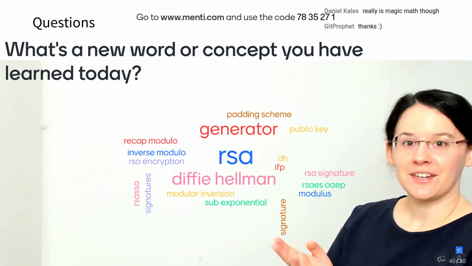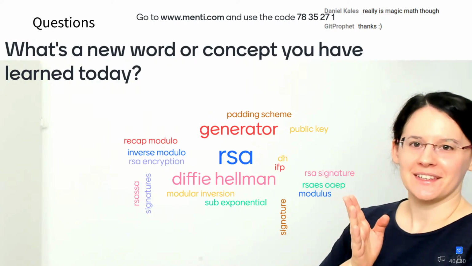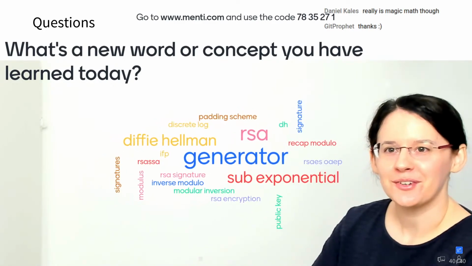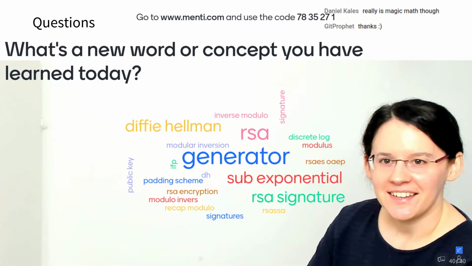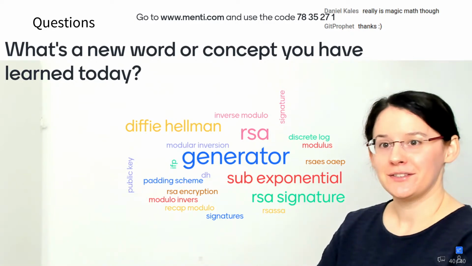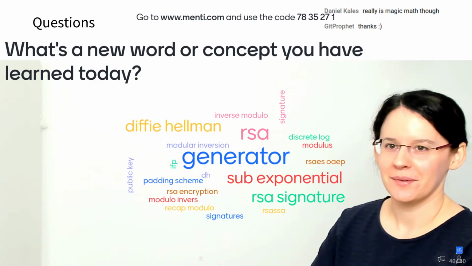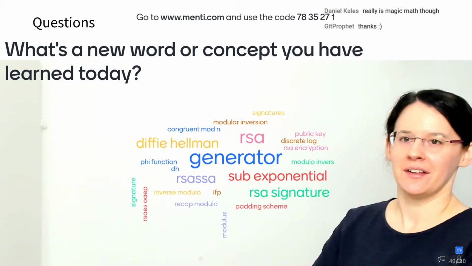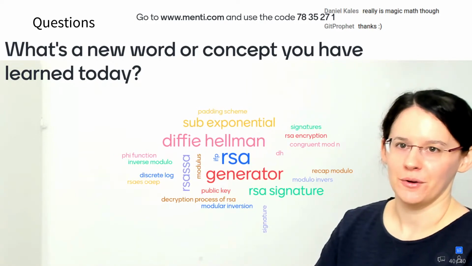Some of you managed to actually remember the acronyms RSA, ES, OAEP. Very good. Good short-term memory. And RSA, SSA. What else do I see here? Modular inverses. Yeah, please don't forget those. You will encounter them a few more times, and people keep finding them very confusing because they always expect getting a float instead of an integer.